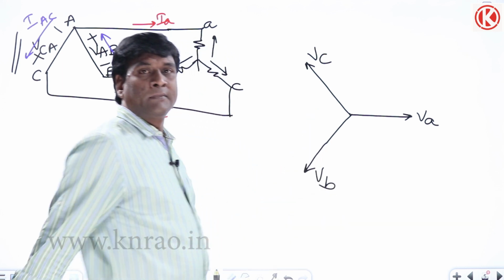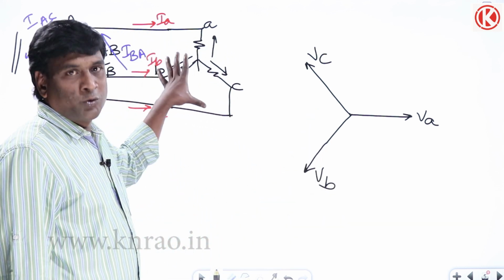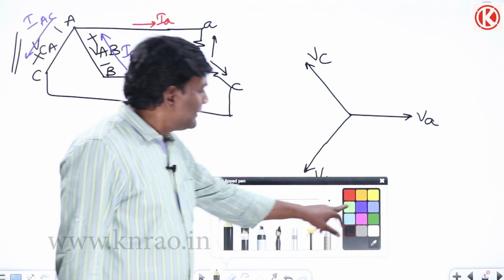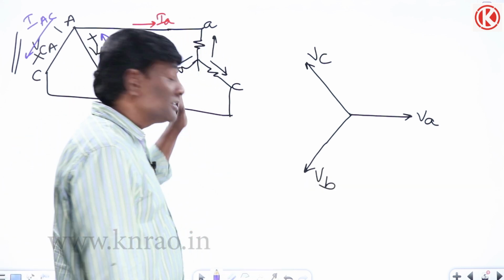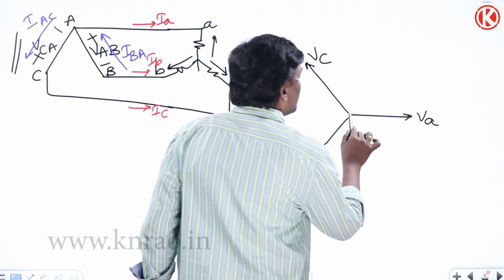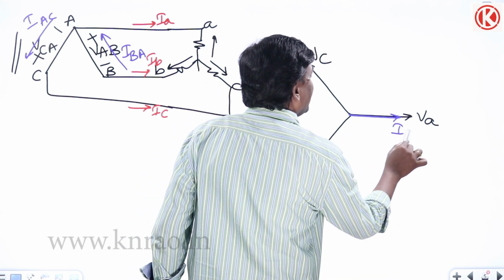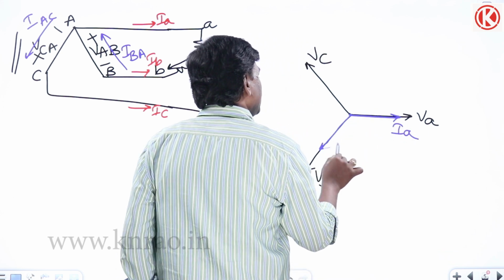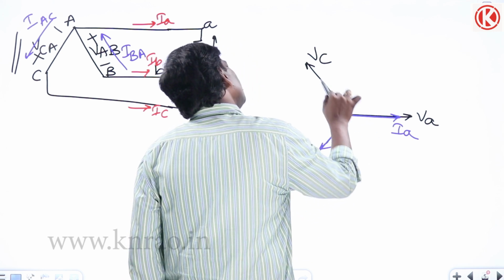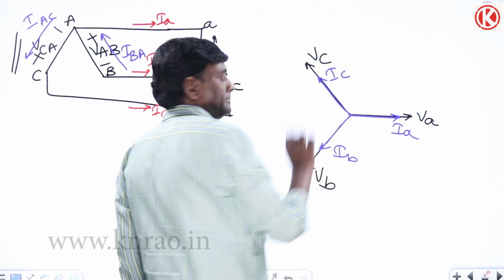Let me think of resistive only, so currents are in line, because I'm developing from load to source. So this is IAN, this is IBN, this is ICN.